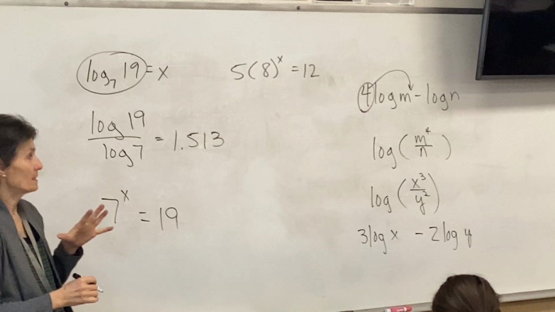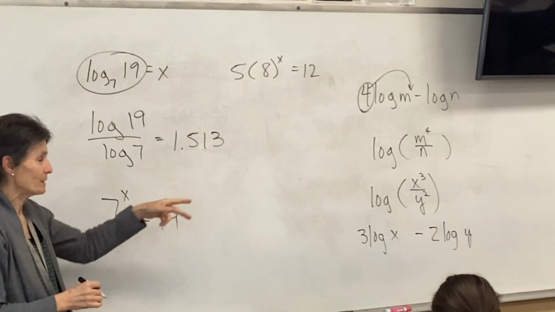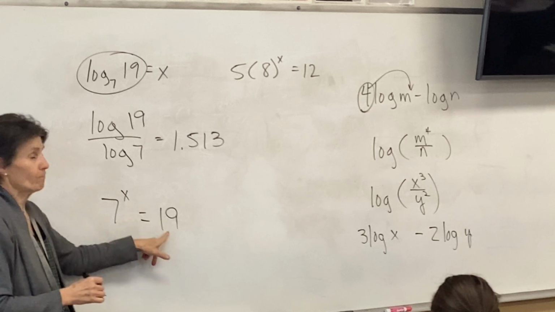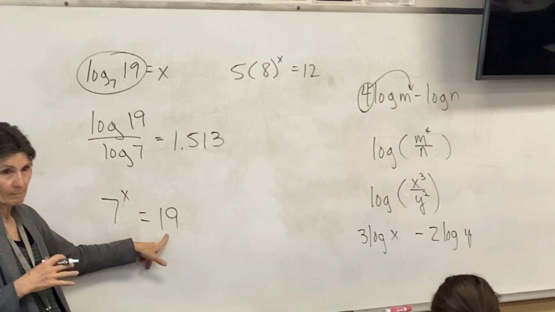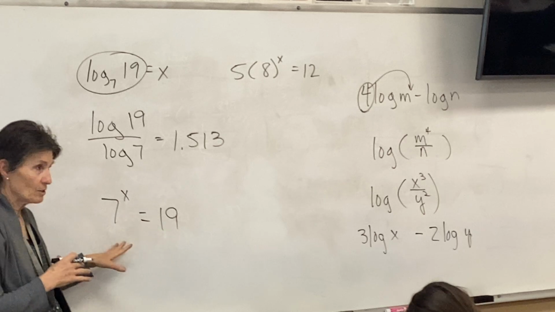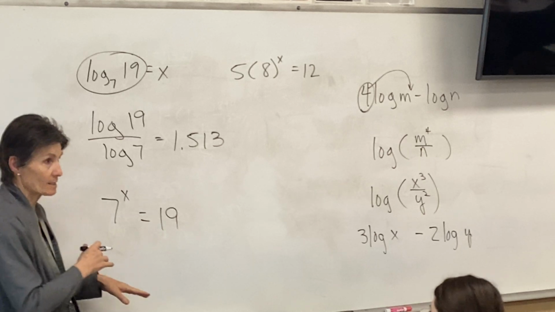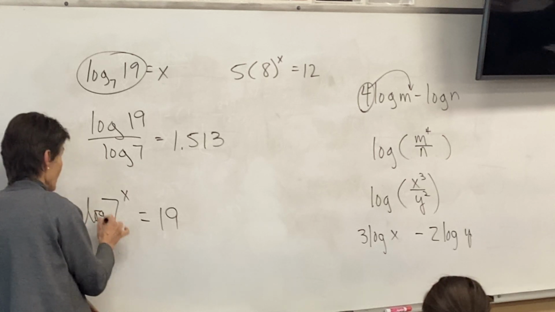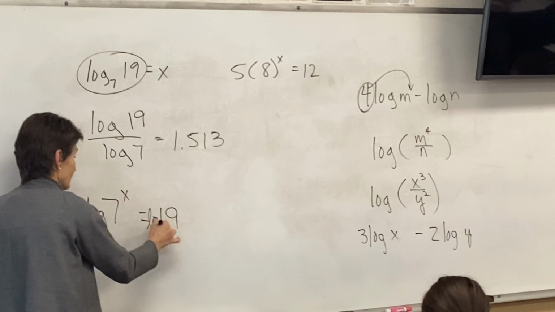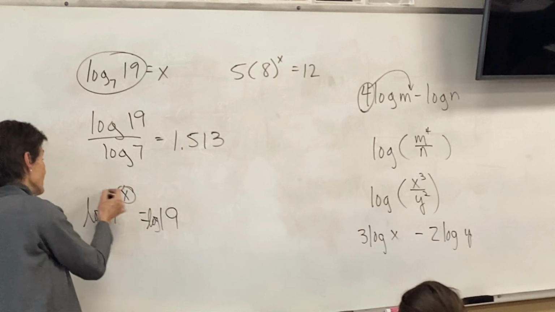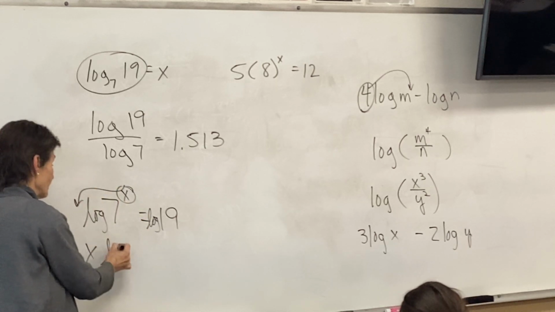Now, the problem is, it's not like that other one we did. This is not a 49. If that were a 49, life would be good. Well, what do we do? Take the logarithm of both sides. Whenever my variable is an exponent, I take the logarithm of both sides. And then this guy comes out in front.